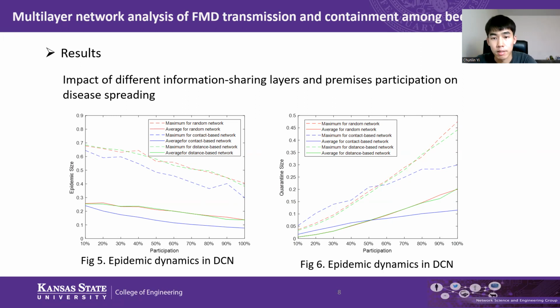The maximum and average epidemic size of the contact-based information sharing layer is the smallest among the other information sharing layers, which means the contact-based information sharing layer has the best performance on containing the disease spread.